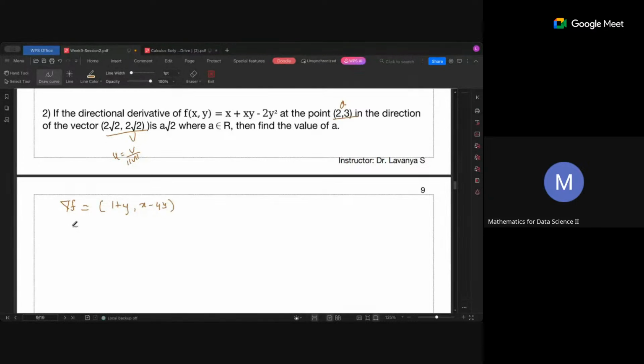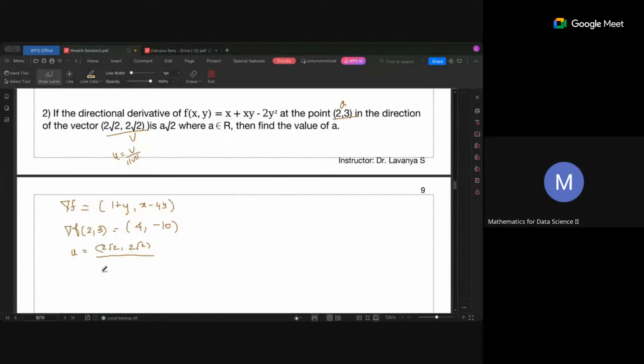So what is del f at this point A, which is (2, 3)? It is (4, minus 10). Now what is your u? (2 root 2, 2 root 2) divided by its norm.